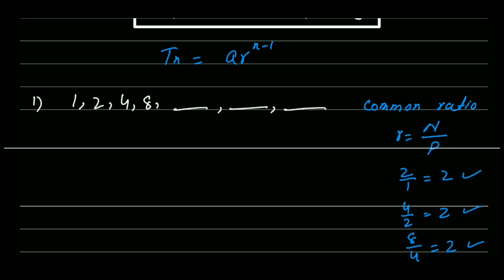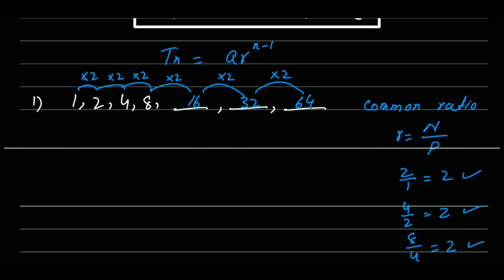So how to solve it, how to complete the next terms? 1 multiply 2 is 2, 2 multiply 2 is 4, 4 multiply 2 is 8, 8 multiply 2 is 16, 16 multiply 2 is 32, 32 multiply 2 is 64.